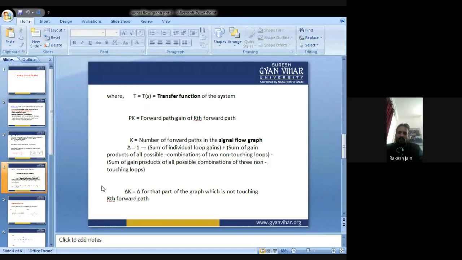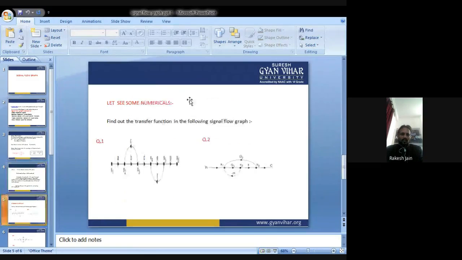Without the numerical we can't understand this whole formula. Once we see the numericals, first we start with simple numericals, find out these values, then complex, and then more complex numericals. In those numericals you will easily understand what I mean.